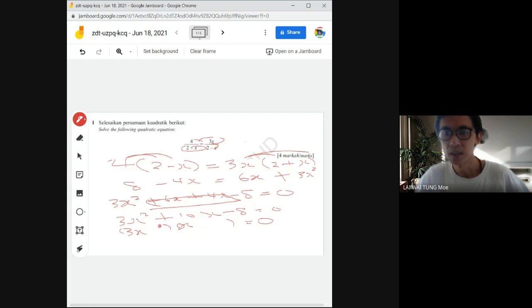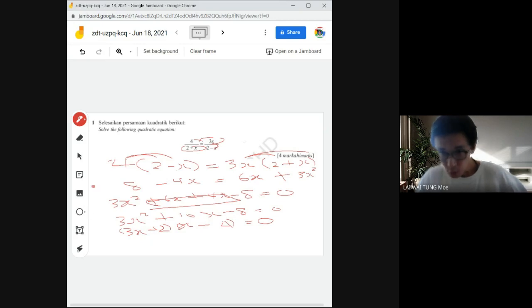This is 4 and 2. Is it 2 here? Here is 4. And then this is positive, this is a negative. Okay, so after this step, you have to equate the first bracket to 0 and the second bracket to 0.